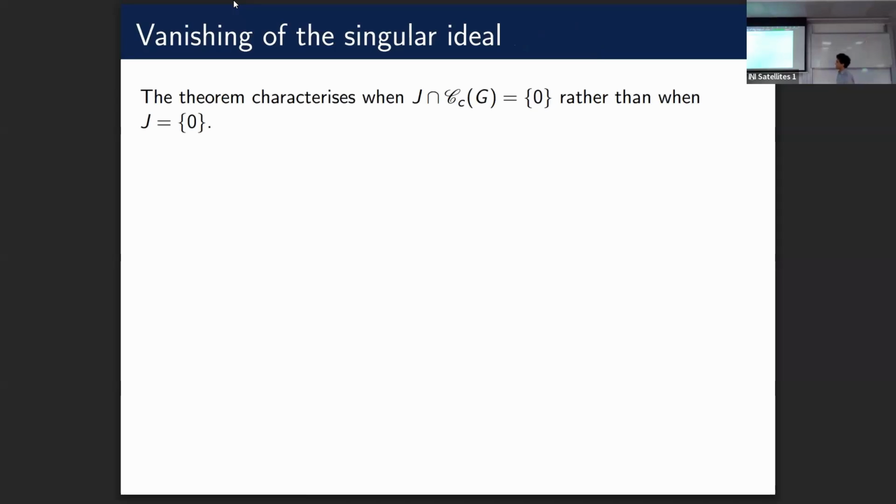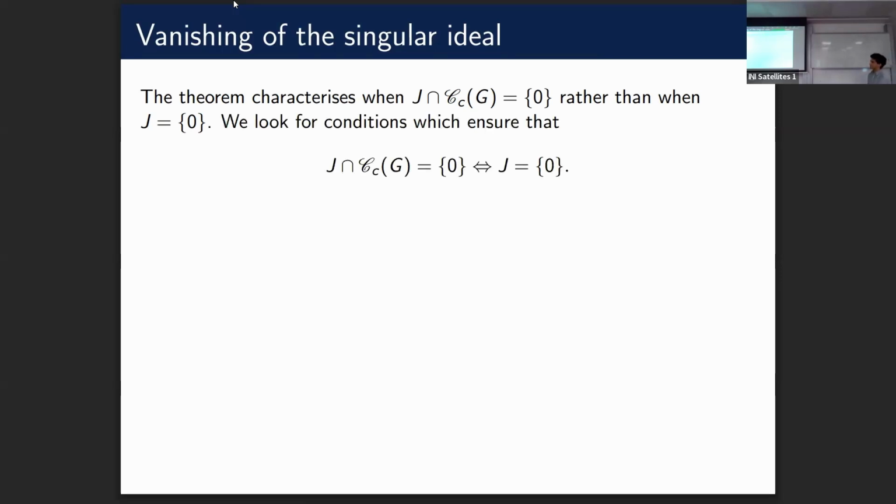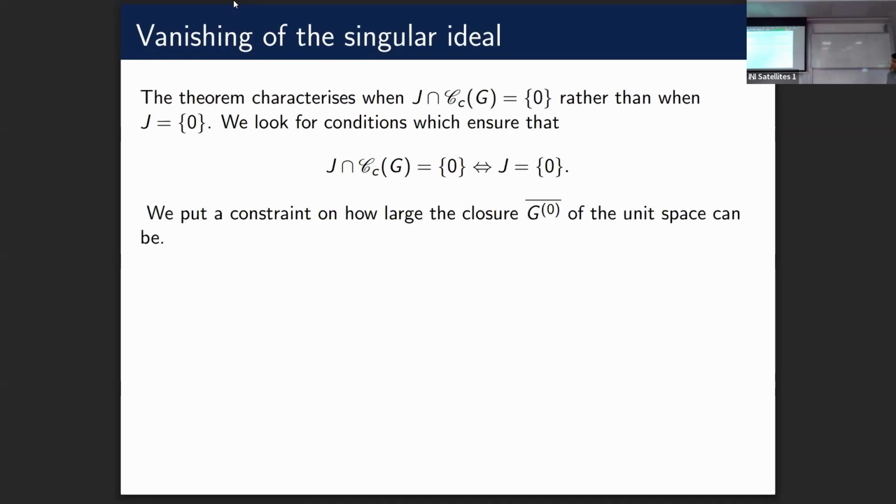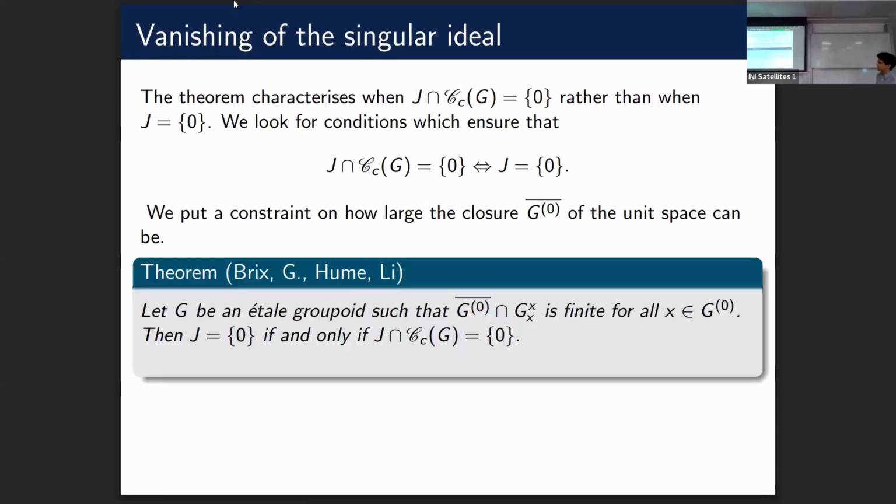So this is a characterization for when J intersect curly C vanishes. What we really want to understand is when J vanishes, if we're interested in the C-star algebraic setting. And so we look for a condition which ensures the equivalence of these two conditions. What we do is put a constraint on how large the closure of the unit space is, and this gives us the following theorem.